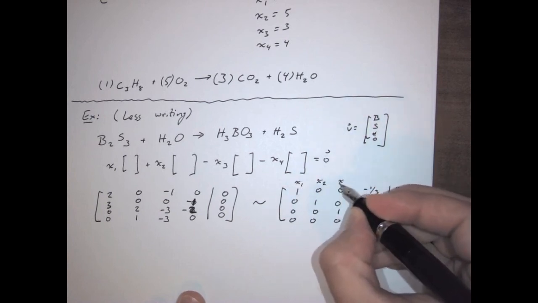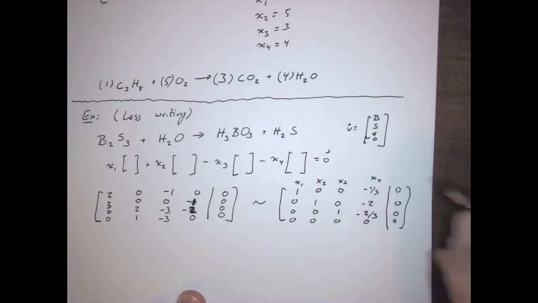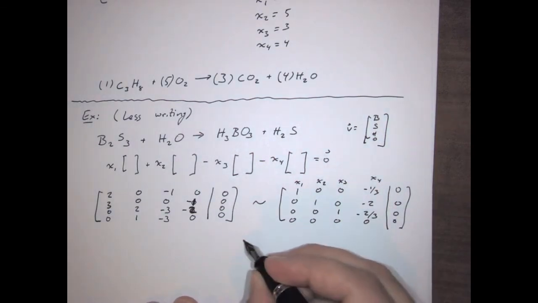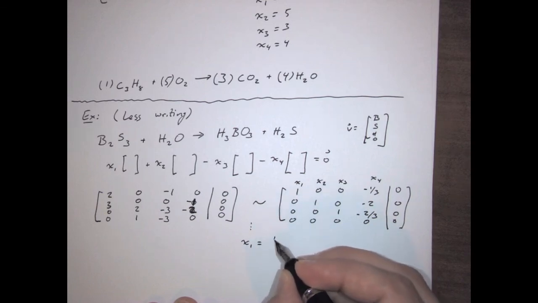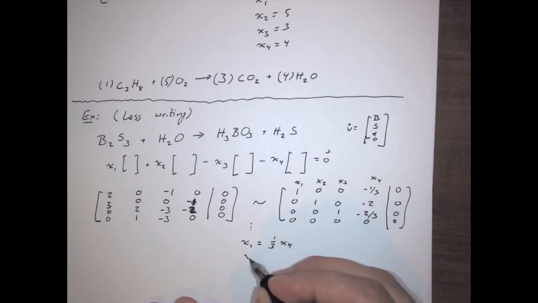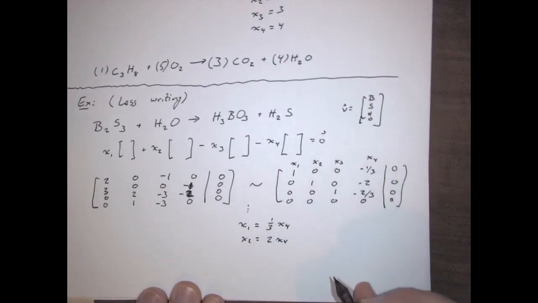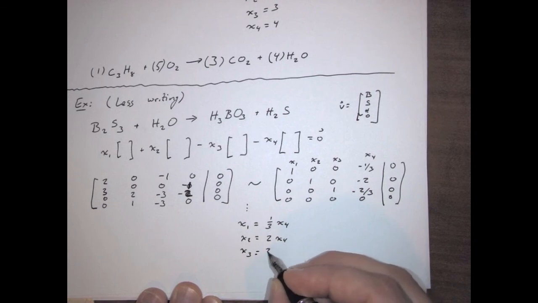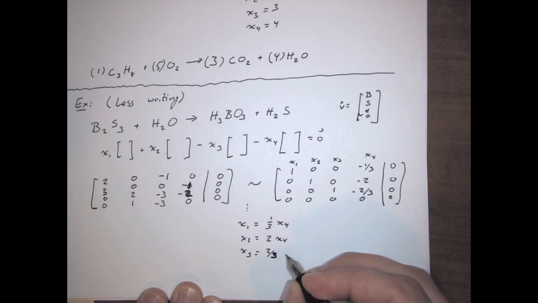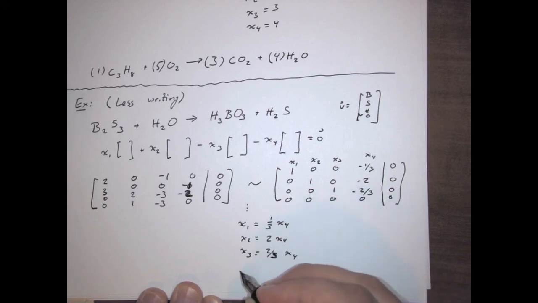So then, x1, x2, x3, and x4, which means if I juggle things around and cut to the chase, x1 equals 1/3 x4, x2 equals 2 x4, x3 is equal to 2/3 x4, and x4 equals x4.